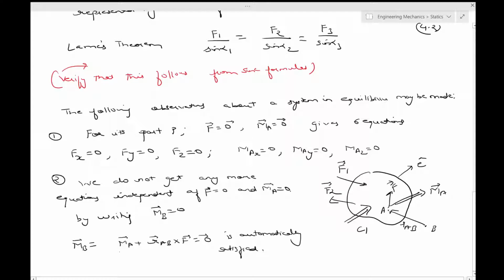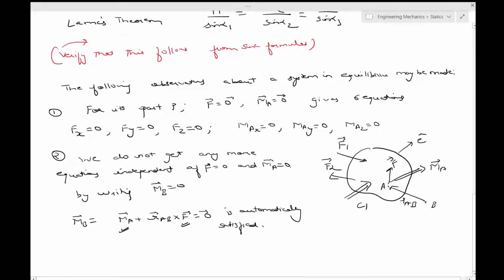How do we know? Because MA is 0 and F is 0. So that's why this equation will always be satisfied. Yes, it will look like a new equation, but it's not independent.